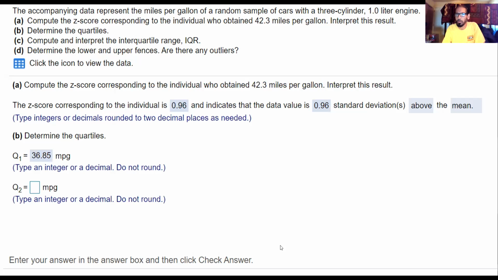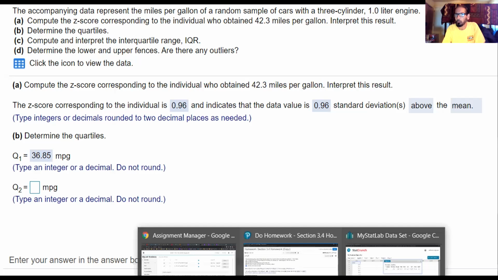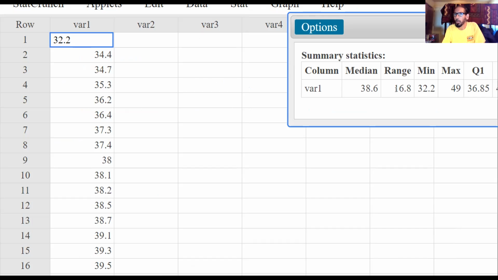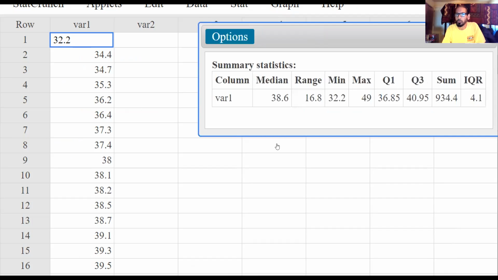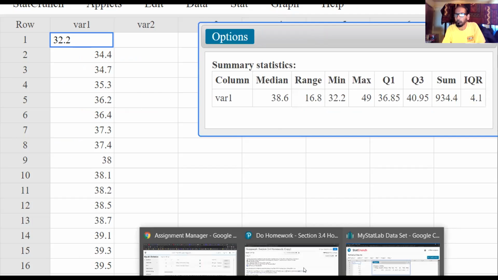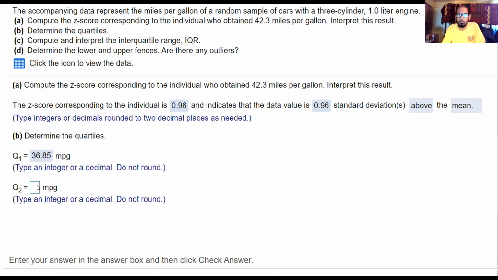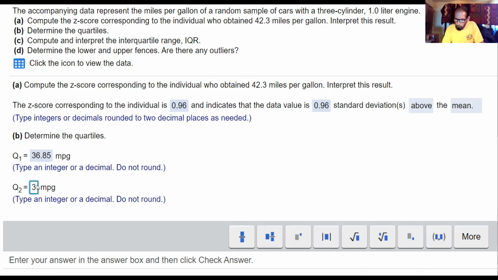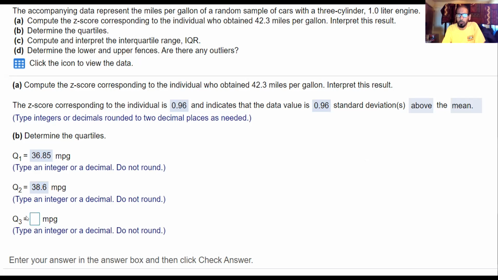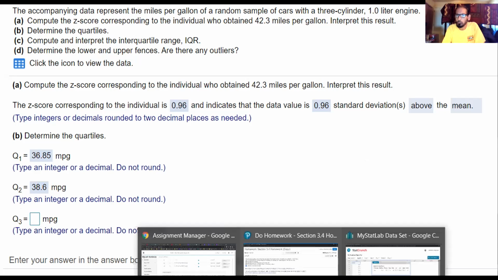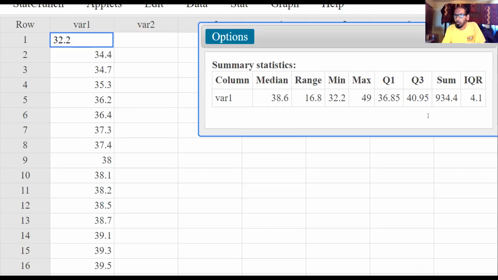Quartile 2, as I said, is the median. And we have that 38.6. Quartile 3, they're giving that as 40.95.